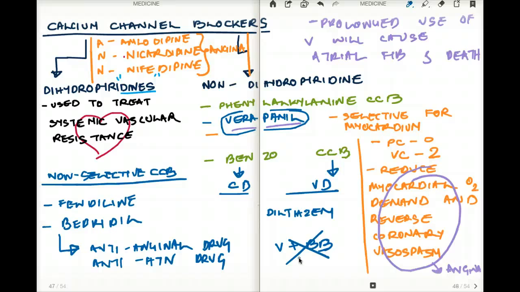The reason is that verapamil is very, very cardioselective. It has an effect on the pacemaker cells and is going to depress our pacemaker cells. Beta blockers do exactly the same thing. They also have a major effect on our pacemaker cells. So if we have double pacemaker cell depression, then that will probably kill us. That's why we never use verapamil and beta blockers together. That is a major no-no.